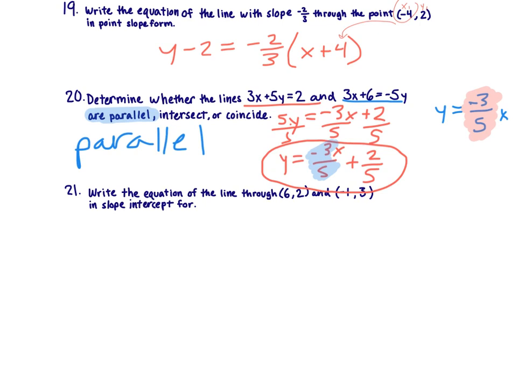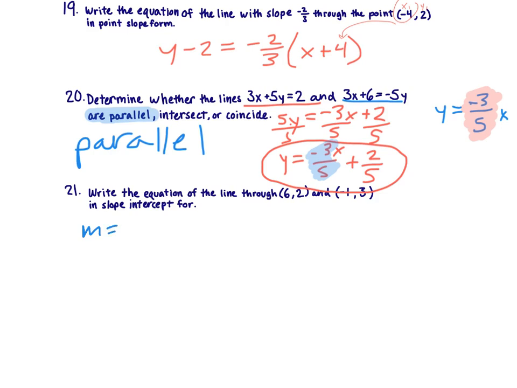Alright, 21. Write the equation of the line through 6, 2 and negative 1, 3 in slope-intercept form. So in slope-intercept form, what do we need? The slope and the y-intercept. So let's find the slope first.